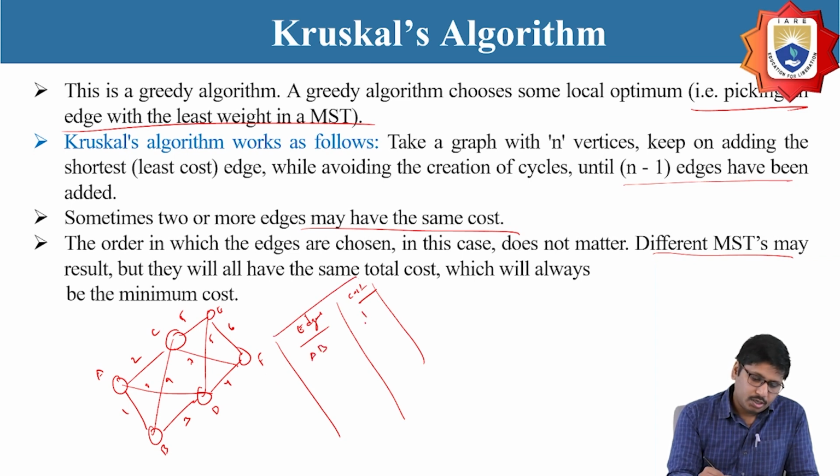So AB edge is 1, AC is 2, BD is 3, BC is 9, CE is 5, CF is 6, DE is 5, and CF is 7, and EF is 6.